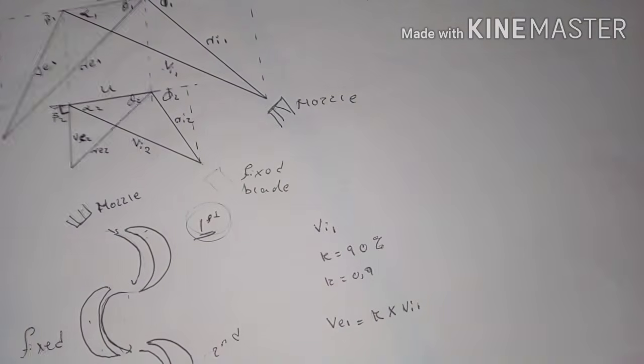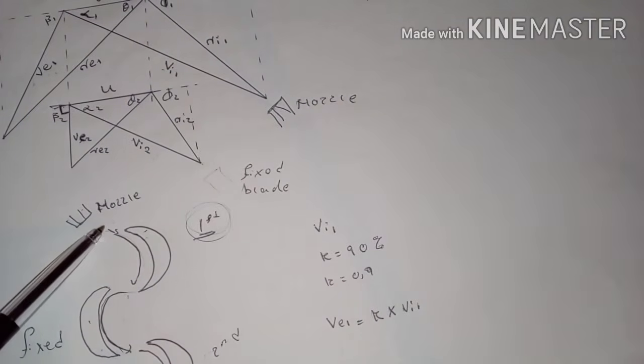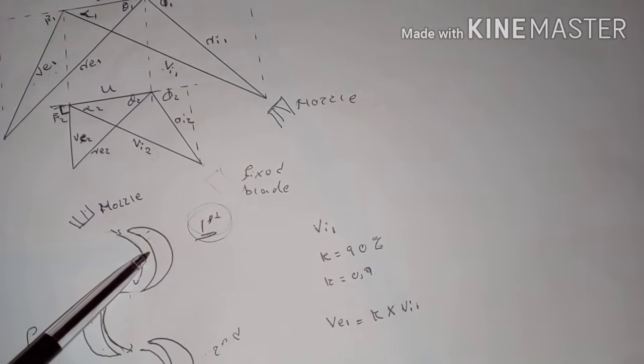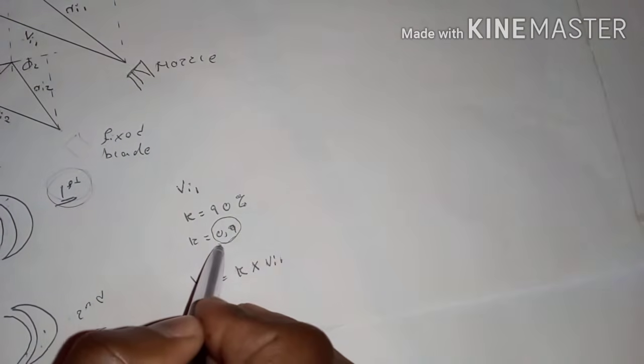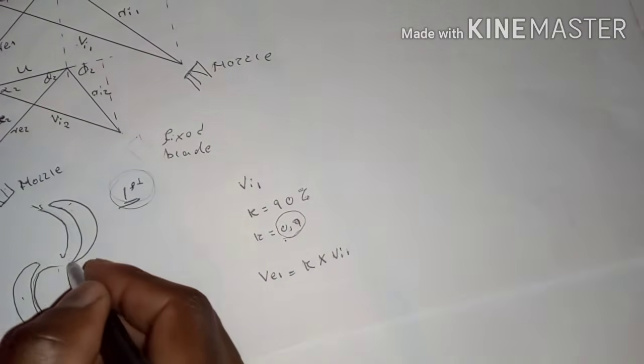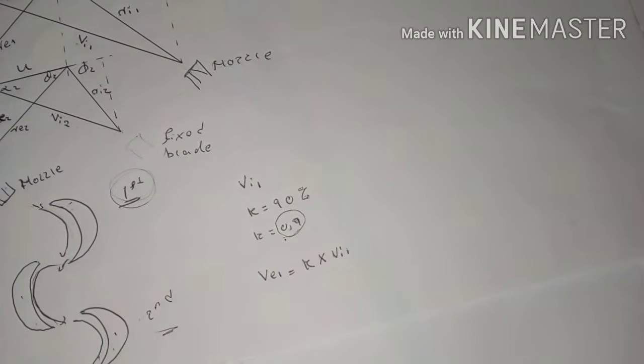This tells us that as the steam is entering the blade, only 90% of the velocity was measured at the outlet of the blade. Due to friction.